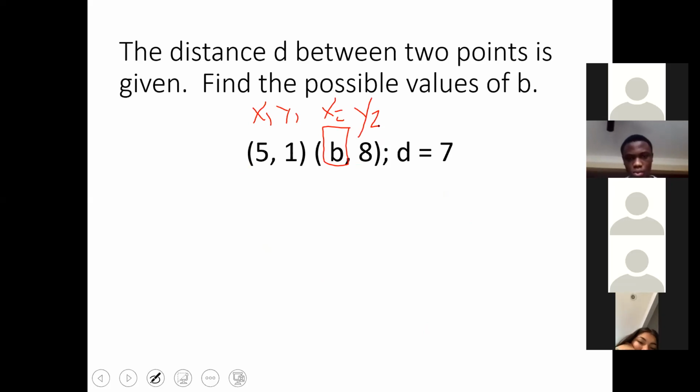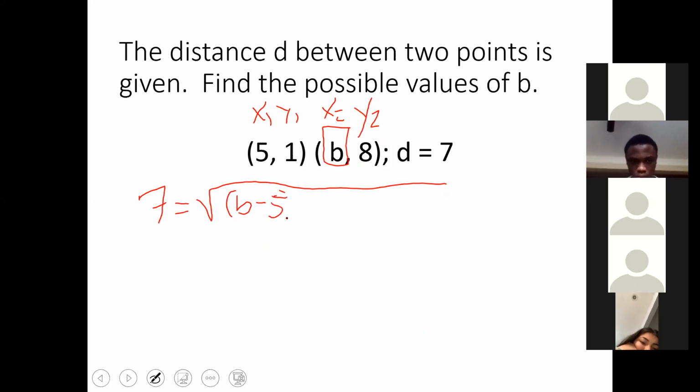So now we just set it up to say, well, 7 is equal to the square root of x2, that's going to be b minus 5, squared, plus, over here we have 8 minus 1 squared, right? All right, then we just keep working it on down. That's b minus 5 squared.